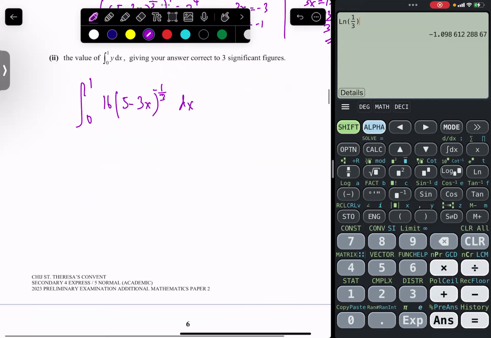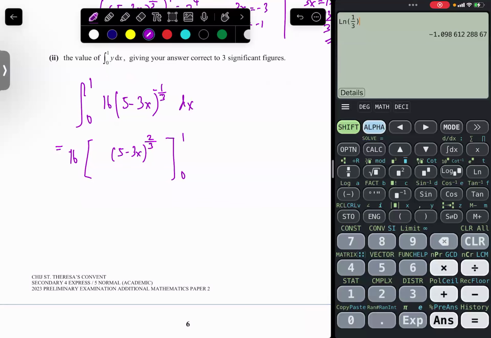Let's just solve it. 16, let's put it on the outside. So integrate this: 5 minus 3x, power up, so negative 1/3 power up plus 1. New power divided by the new power, multiplied by the differential of the inside, which is negative 3.